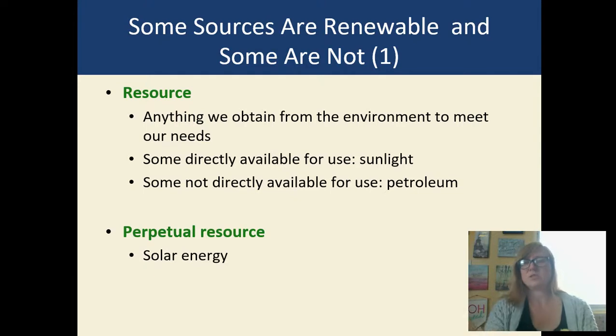So some resources are renewable, some are not, as you know. A resource is anything that we get from the environment to meet our needs. Some are directly available to us and living things like sunlight, and some are not, like petroleum, like oil. So our perpetual resource is our solar energy, which is always going to be there, well, as long as the sun's there.